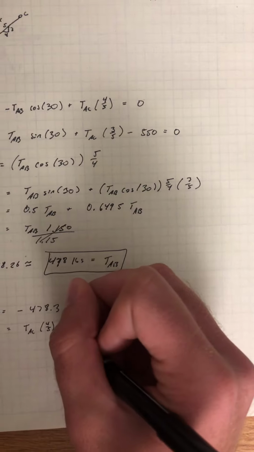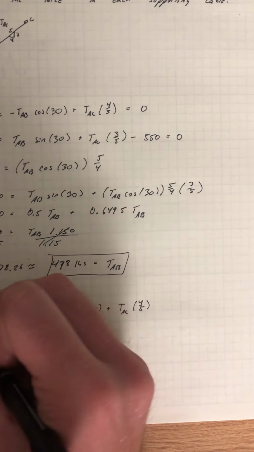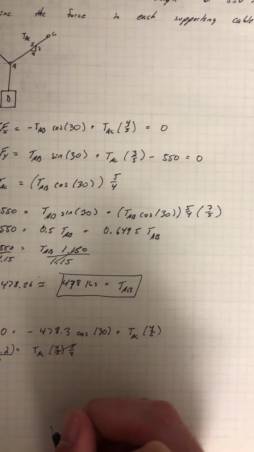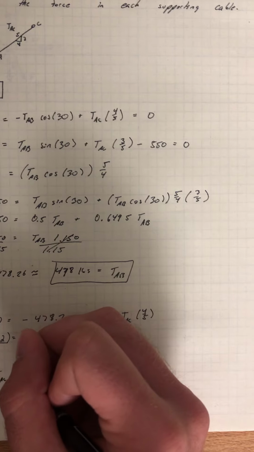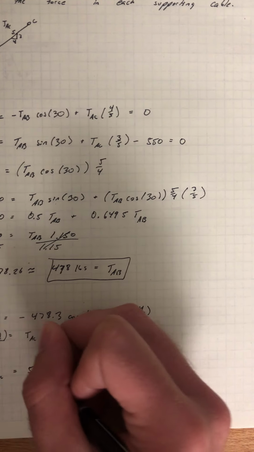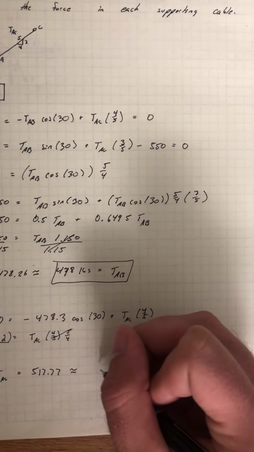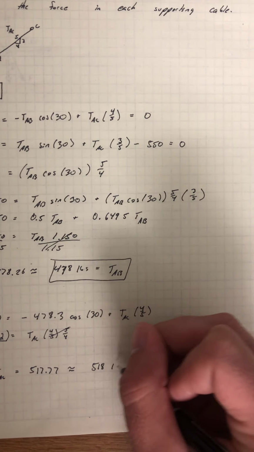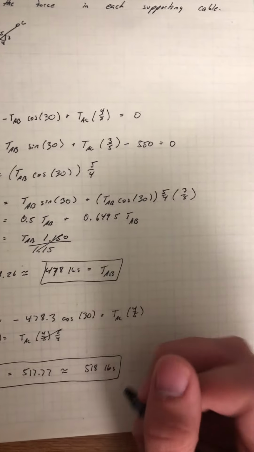We'll multiply by 5/4 to cancel them out, and our tension of AC will equal 517.77. We'll round off to 518 pounds. So now we found both of our supporting cable forces.